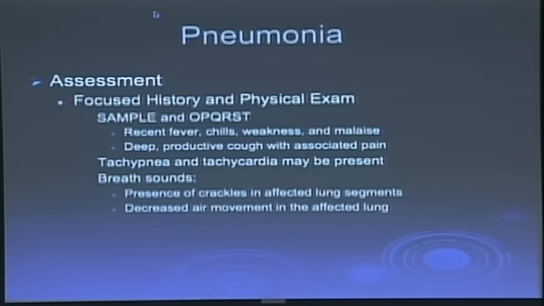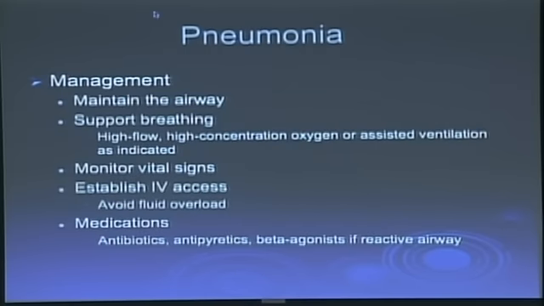The rales are present in lobar pneumonia and pneumonias. Rhonchi are also often present in pneumonias. And there's just decreased air movement to the affected lungs, so the patient has respiratory distress.